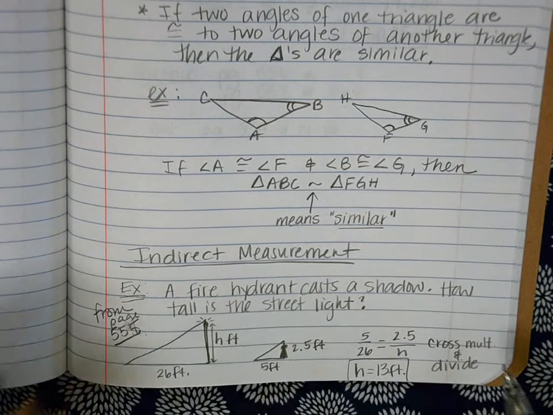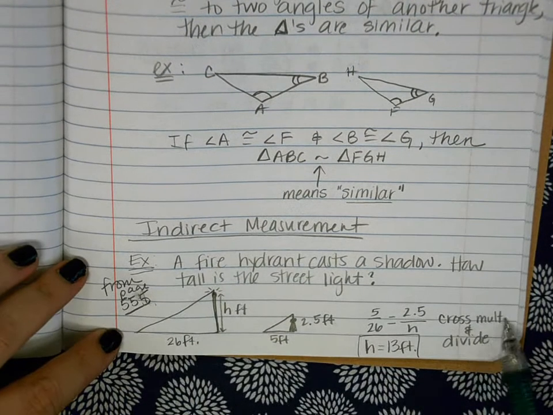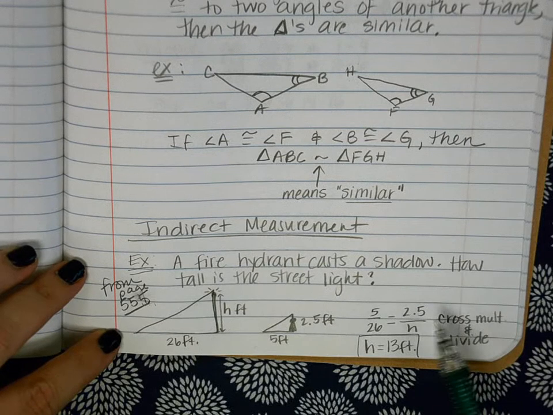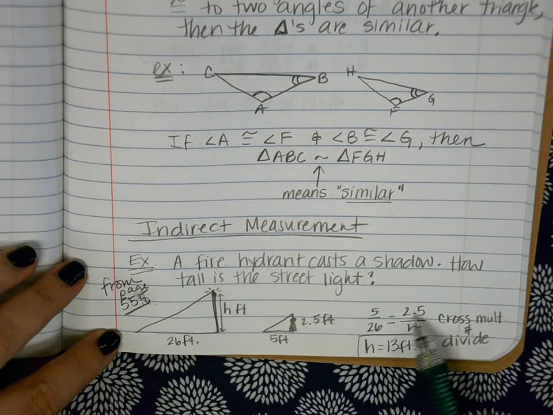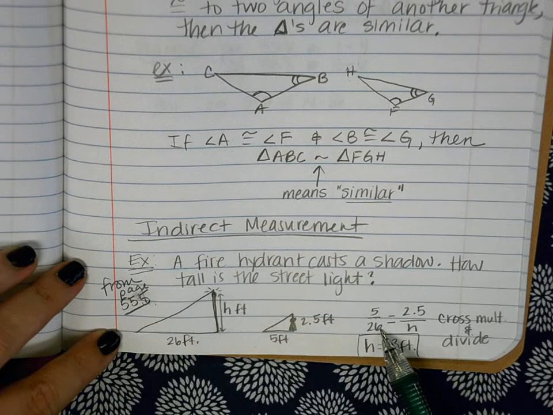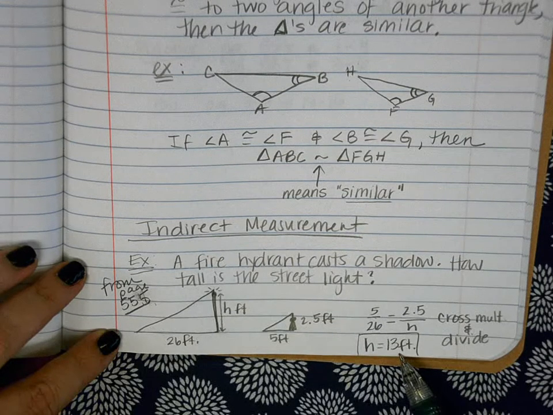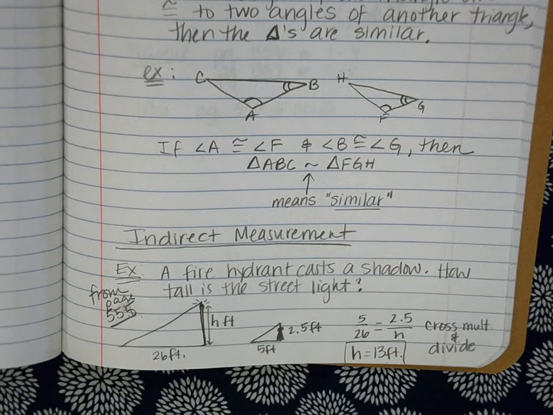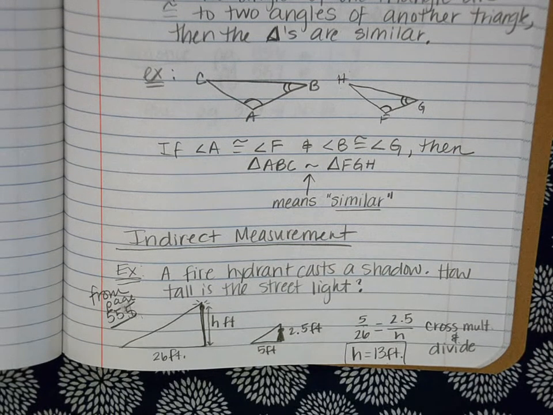Basically what you want to do is cross multiply and divide. Now some people are like, well, I already know that 2.5 is half of 5. Did anyone see it that way? Yeah. And then they're like, well, half of 26 is 13. Some of you are really good with those proportions and ratios, but they're going to get bigger, and then they're going to be decimals and stuff, so you probably won't just know those in your head.